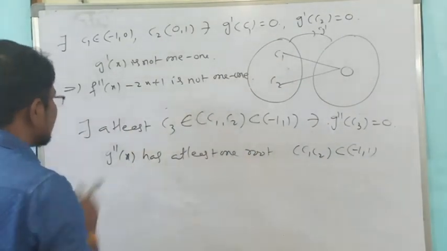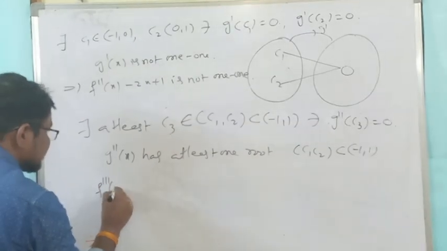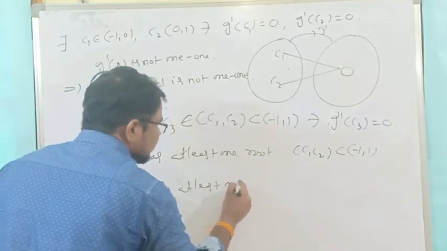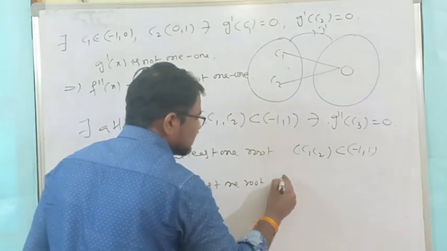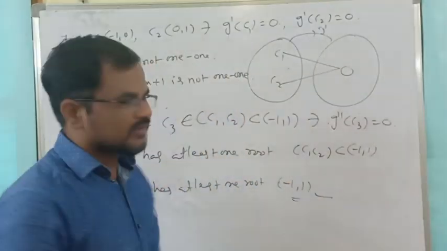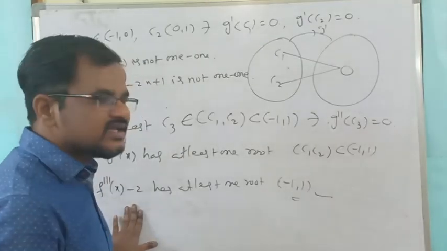Means g double dash of x, differentiation of this one, means f triple dash of x minus 2 has at least one root in (minus 1, 1). So this is about the ninth problem. Okay, no? If this one is not one-one and this one has at least one root.